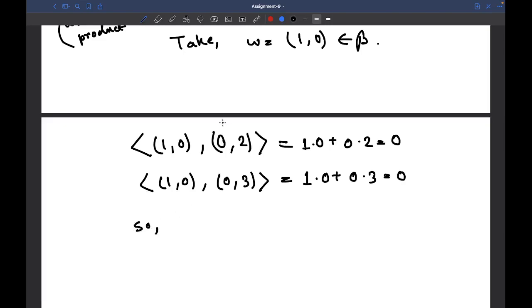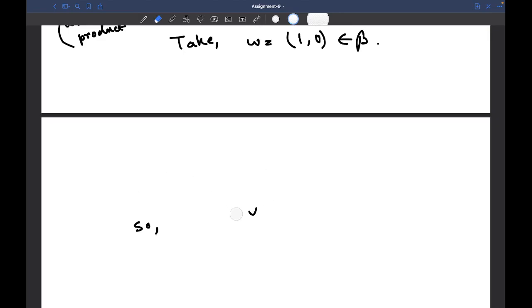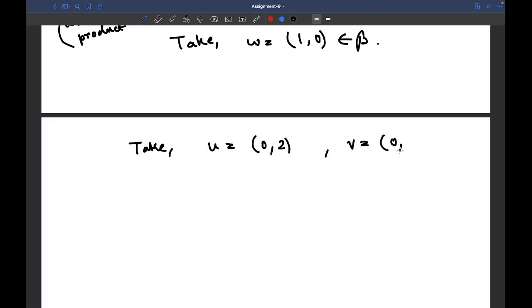So if you call this U and this V, let's do it another way. This is a real inner product, so this does not matter, but let's do it as it is here. Take U to be (0,2) and V to be (0,3).